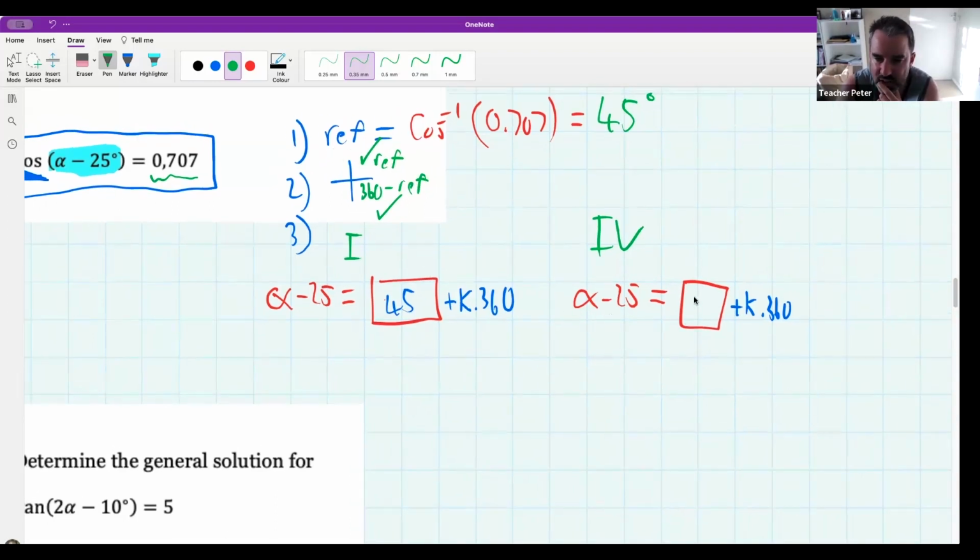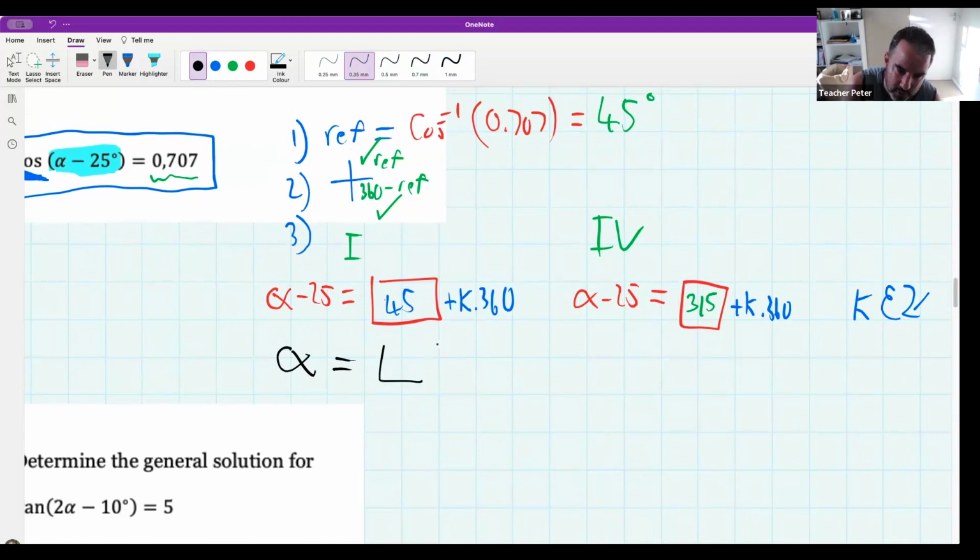So what goes in box, I'll call it box number 4. It has to be 315, because it's 360 minus the reference angle. And then the other thing is, for a full general solution, I need to have this thing about what k is even doing.